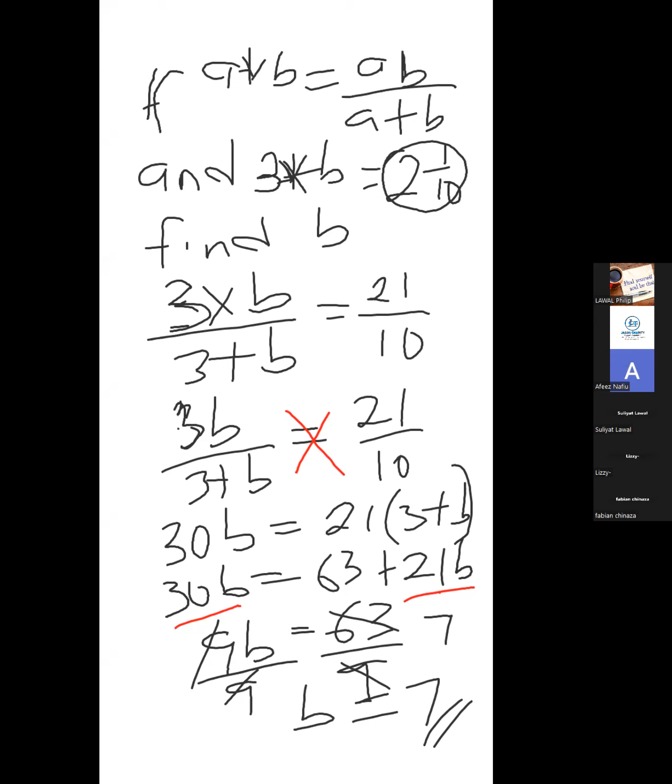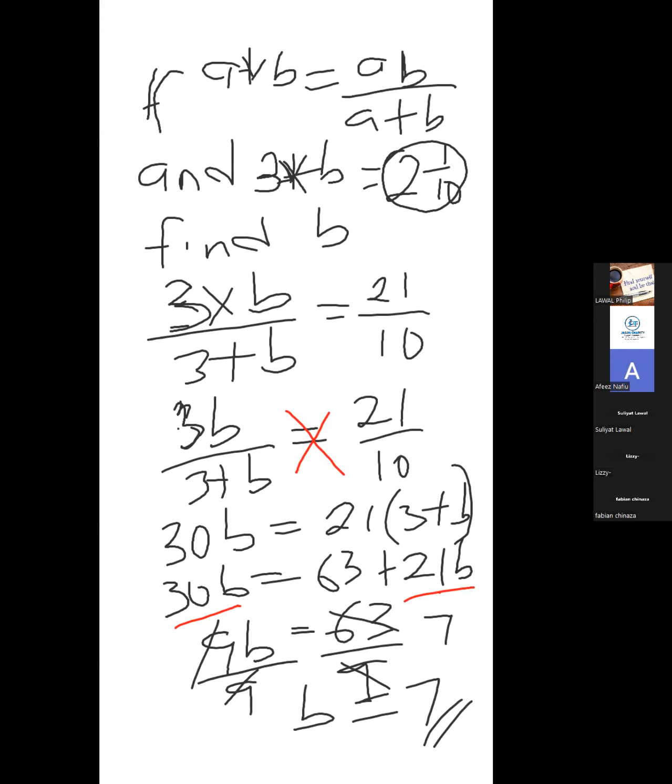Okay, so I'm saying that when you have 3 here as A, 7 as B, 3 times 7 is 21. 3 plus 7 is 10. You still get whole numbers. But if you decide to change it, you put 7 as A, you put 3 as B. 7 times 3 will still give you 21, and 7 plus 3 will still give you 10.